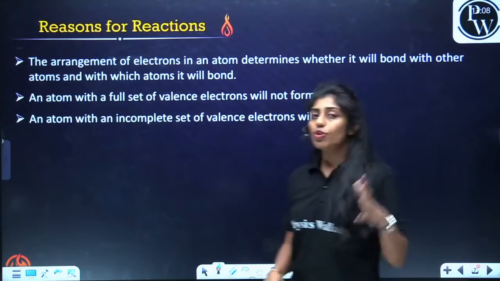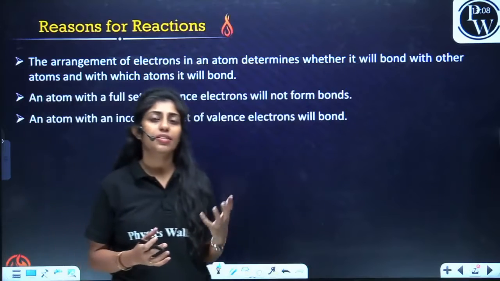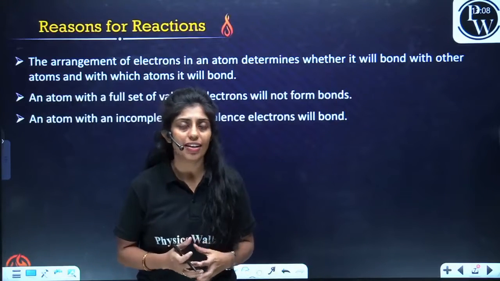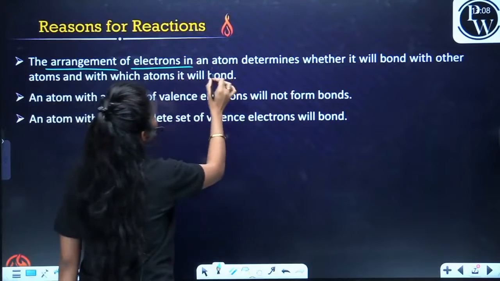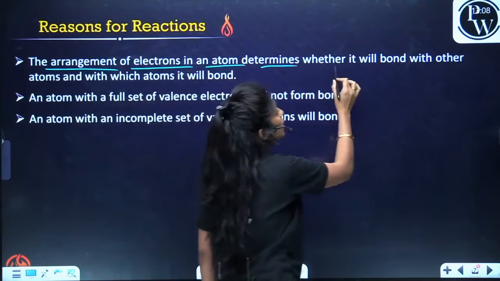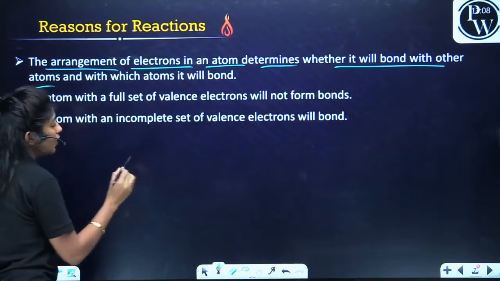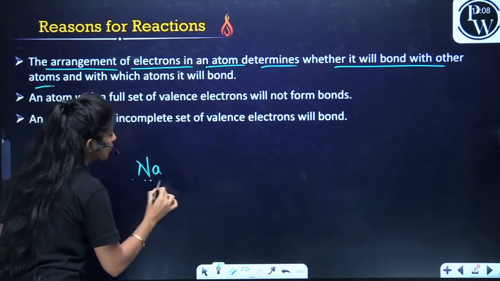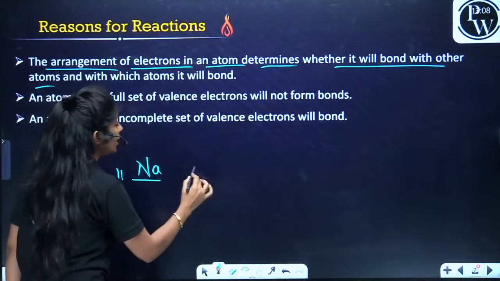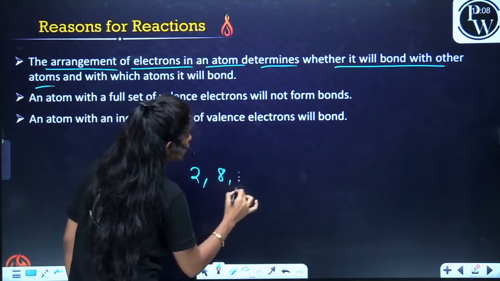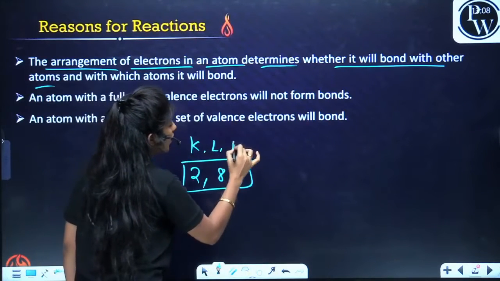Now, the reason for the reaction. Why are these reactions taking place? Why is photosynthesis occurring? Why is respiration there? Your answer is that the arrangement of electrons in an atom determines whether it will bond with another atom. Every atom, suppose there is sodium. The atomic number of sodium is 11, so it has the electronic configuration 2, 8, 1: K shell, L shell, M shell.